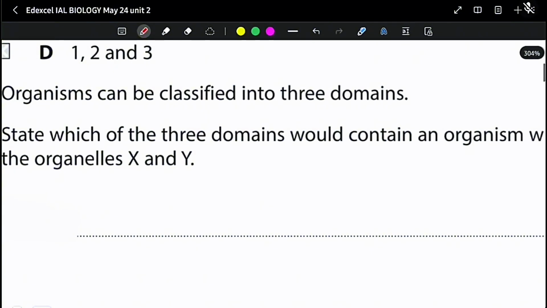So organelles X and Y have to be in eukarya. Basically, X and Y were endoplasmic reticulum and nuclear envelope, so both have to be in eukarya.